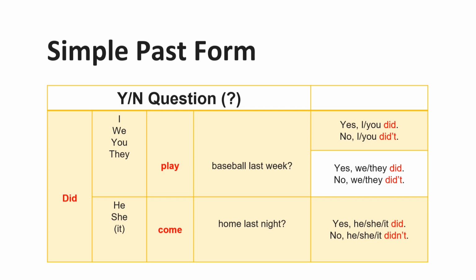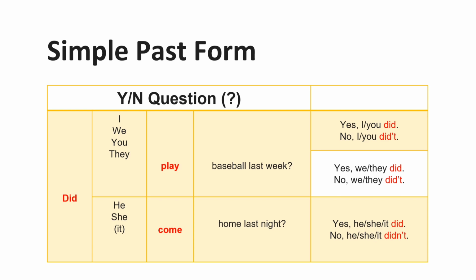For yes/no questions, again, we need an auxiliary. And the auxiliary for simple past is did. So, to make a question, did you play baseball last week? Yes, I did, or no, I didn't. Did he come home last night? Yes, he did.